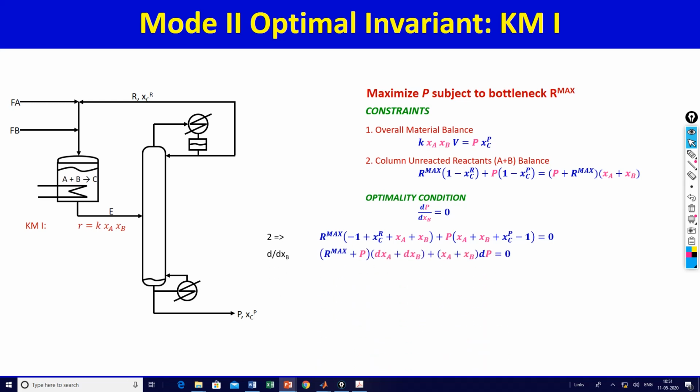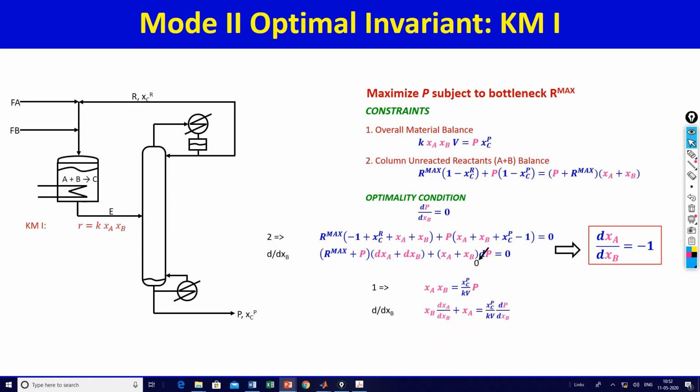You differentiate that, this is what you get. Set dP/dxB equal to 0, and again what you get is dxA/dxB must be equal to -1. Differentiate the overall material balance, constraint 1, and in this case you've got P on the right hand side. The right hand side is not a constant because P is a variable.